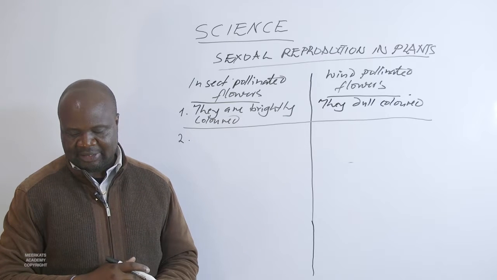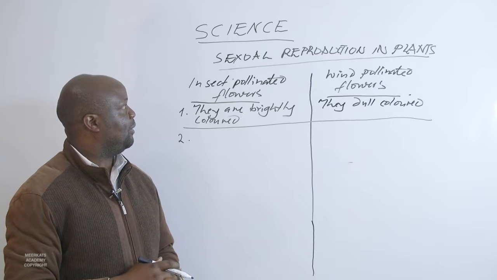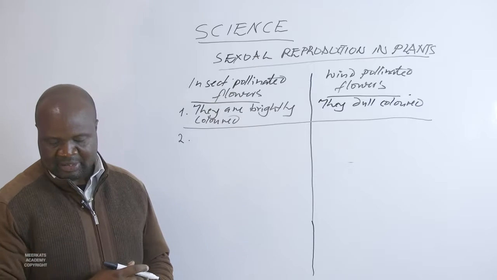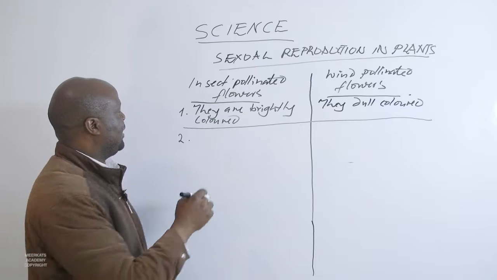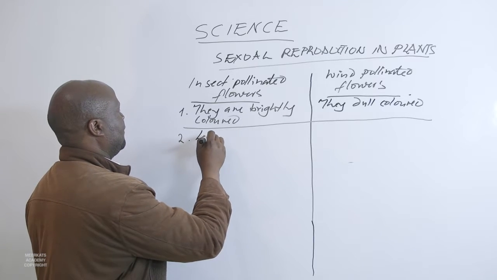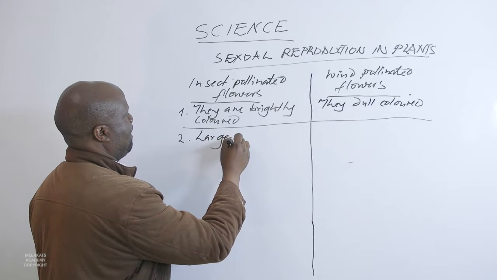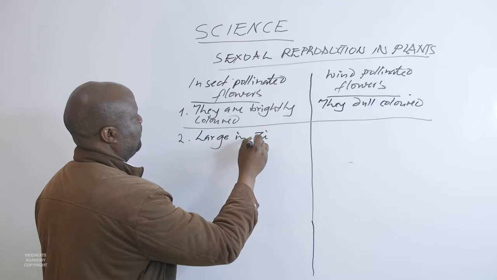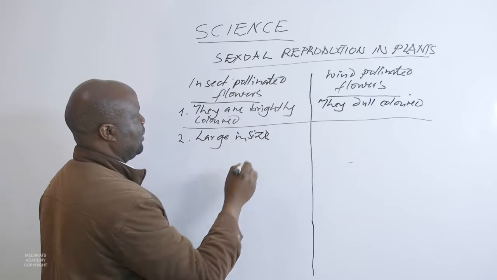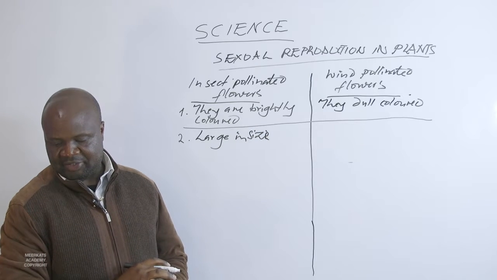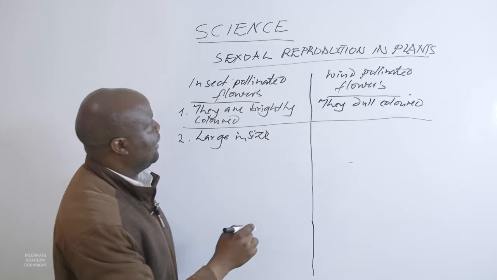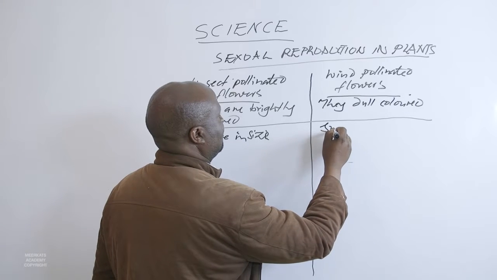Then the second characteristic: the insect pollinated flowers are large in size, and on the other end, wind-pollinated flowers are small in size.